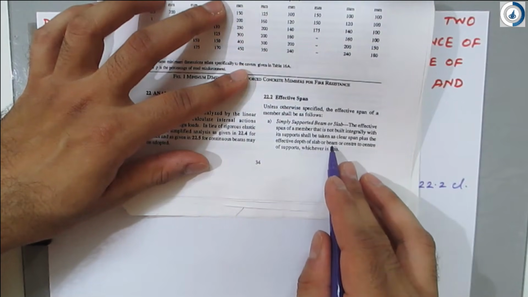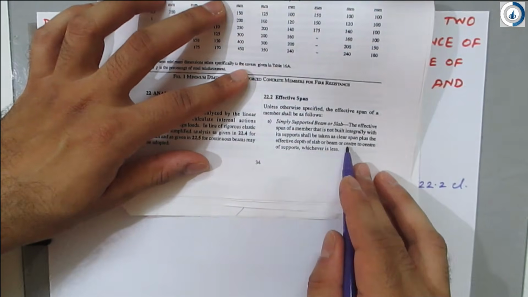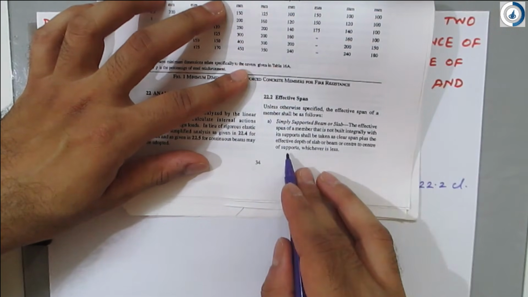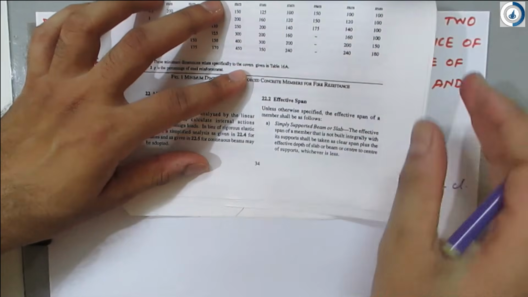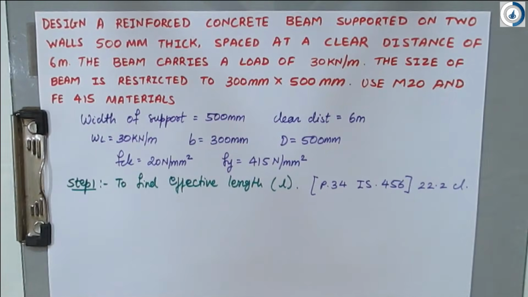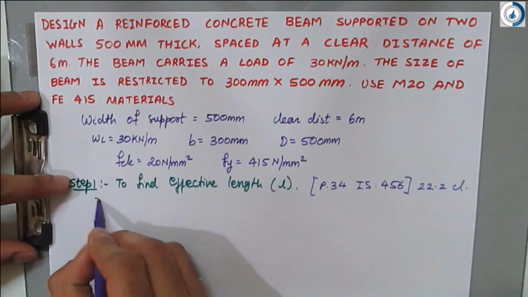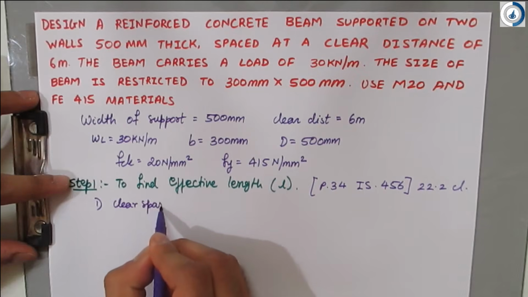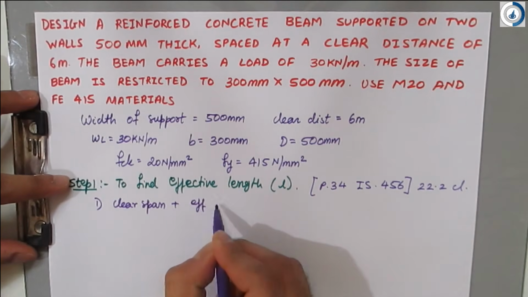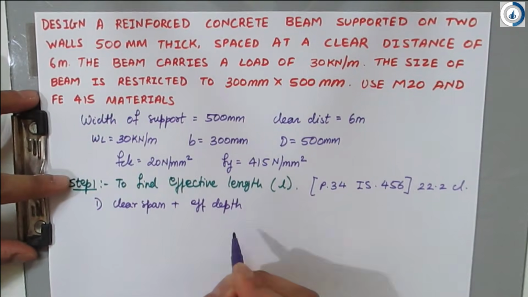We are designing a beam, so we will take it as a beam, or center to center distance between the supports, whichever is less. So you have to check both criteria. The first criterion: clear span plus effective depth.